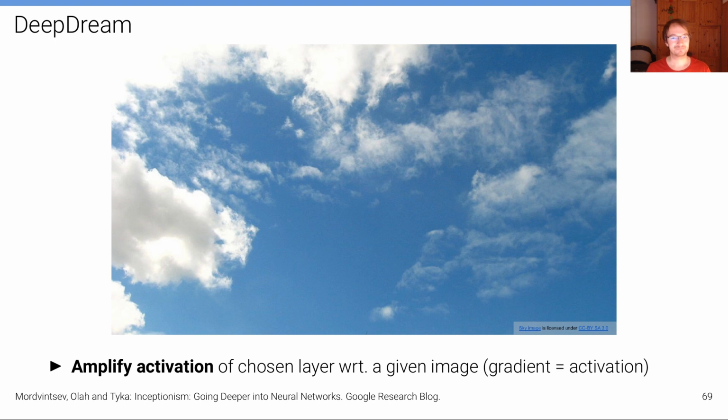Yeah, and as I mentioned in the beginning, you can also have some fun with these visualization techniques. So there's this famous blog post from Google, which I really recommend you to have a look at, called Inceptionism, going deeper into neural networks. And the idea here is to take an image like this one here and to amplify the activation of a chosen layer with respect to a given image. And that can be simply done by setting the gradient of the backward pass to the activation itself.